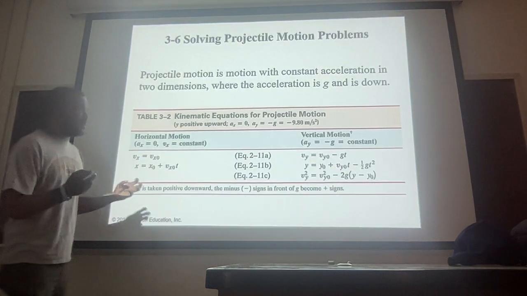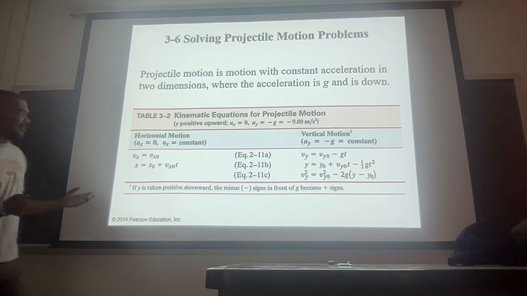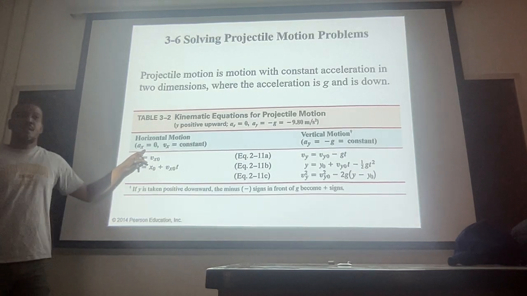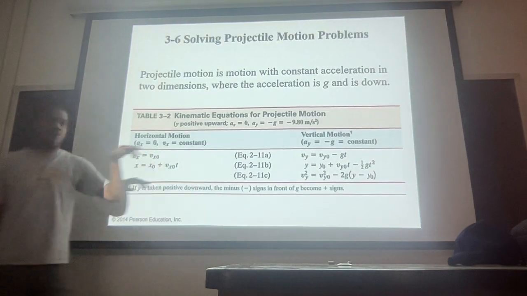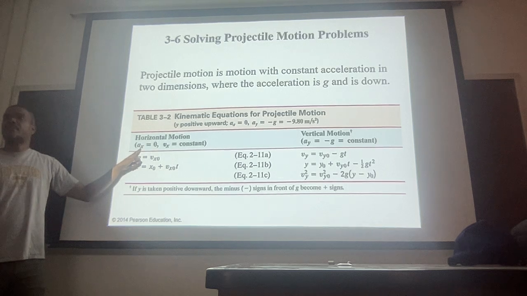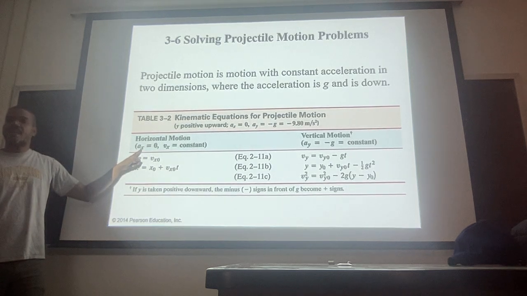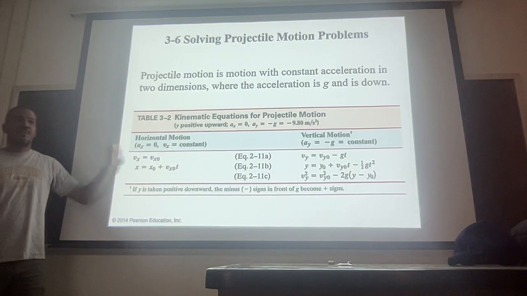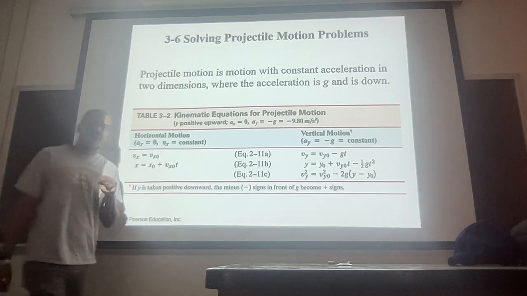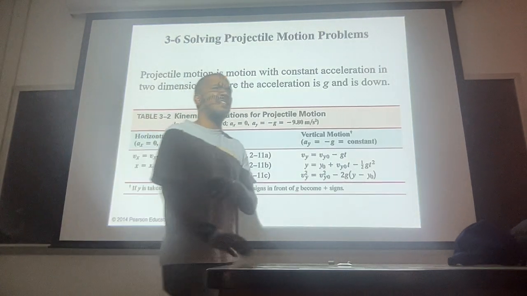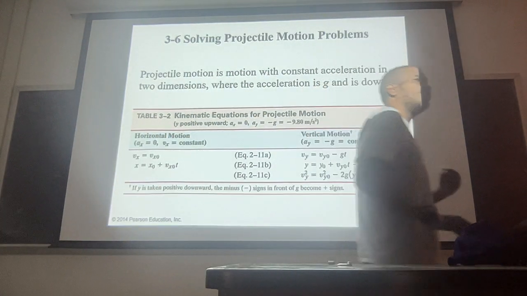So the difference between these two is what? In the vertical, there is no, what is A? Acceleration for a projectile, unless it's specified to you.